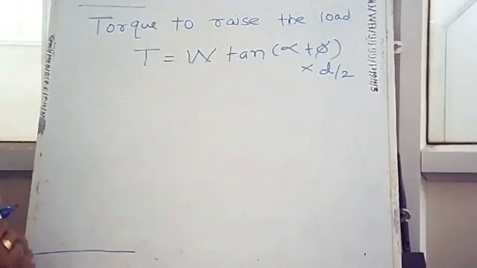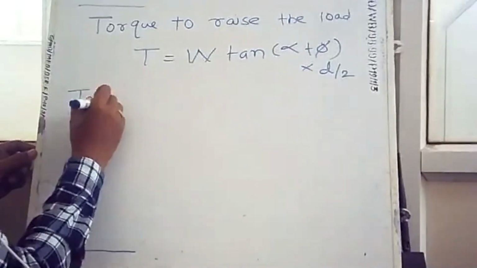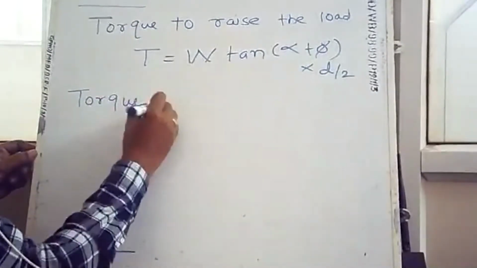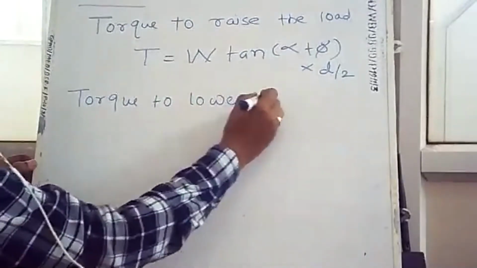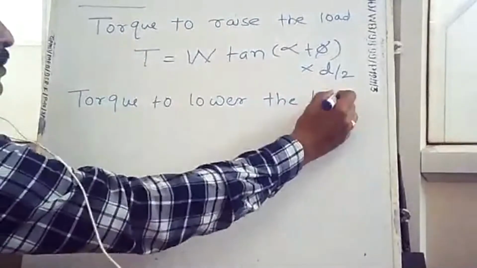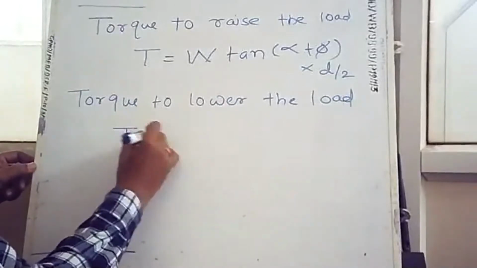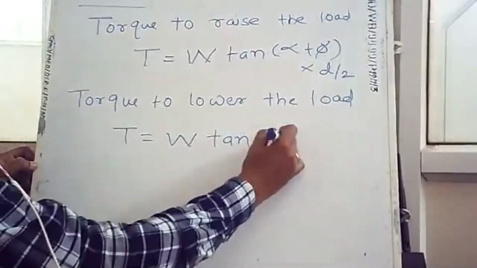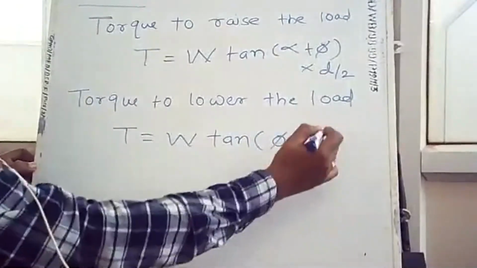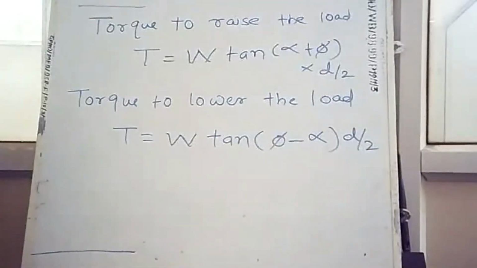This is the equation to raise the load. Now, how much torque is required to lower the load? For that, T is equal to W tan of phi minus alpha. This is the equation used to lower the load. How does this equation come?